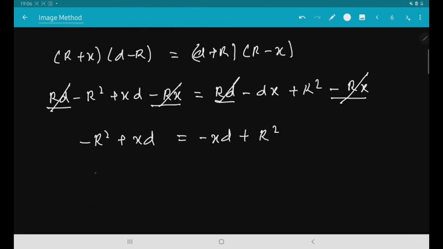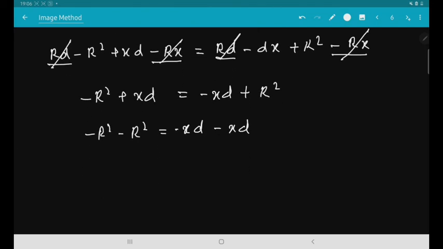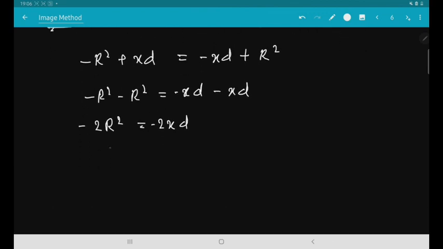So we'll send them on the same side: r square and r square, we'll get 2r square, and xd and xd, that is 2 times xd. So we will have 2r square is equal to 2 times xd. Minus sign will also get cancelled, 2 will get cancelled. We will have x is equal to r square by d.